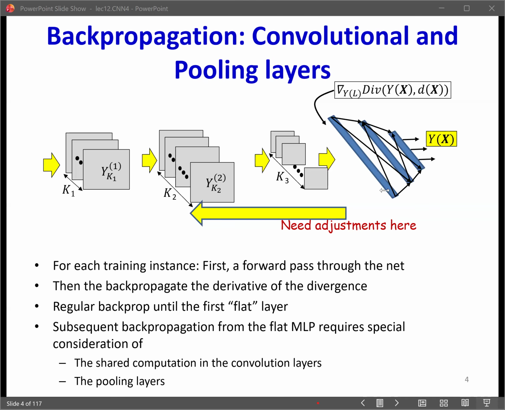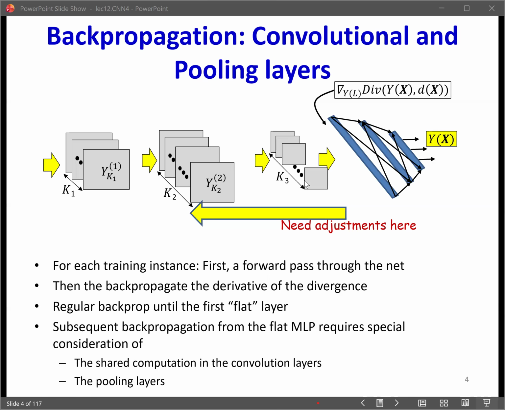We have regular backpropagation rules through the final MLP. The derivatives at the input to this MLP can be folded back into the same shapes as the maps that were flattened to provide the input to the MLP. So now we have divergence derivatives for every element of every one of the maps in the final layer. Those derivatives can be further backpropagated through the rest of the network.